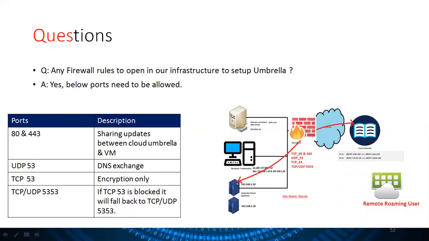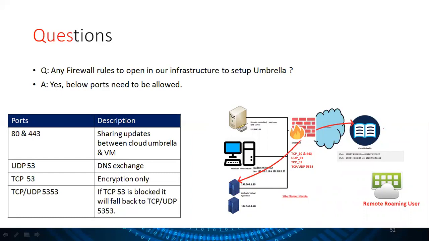TCP 443 is used for downloading the updates from Umbrella to the VMware Umbrella client, and UDP 53 is just for the DNS queries, and TCP 53 is used for encryption only.